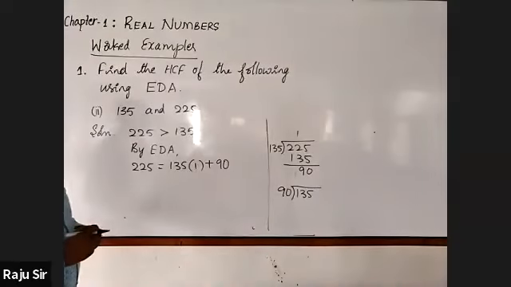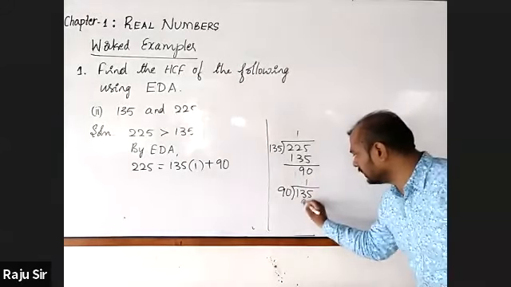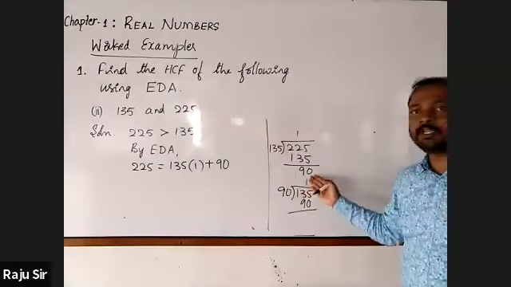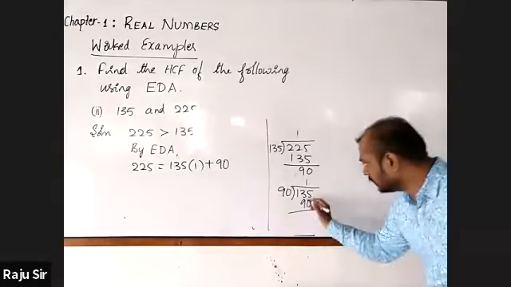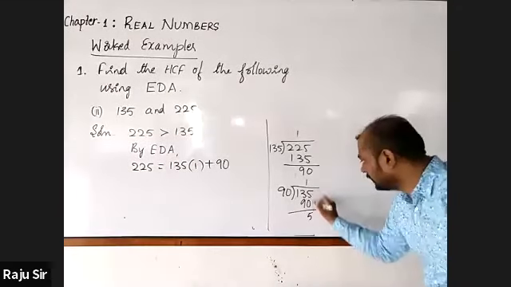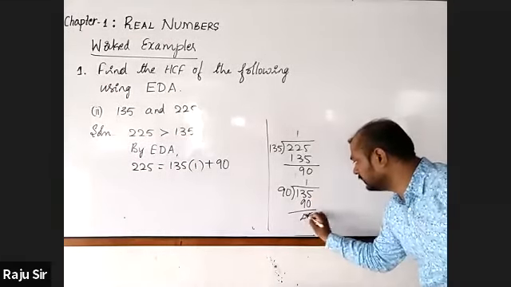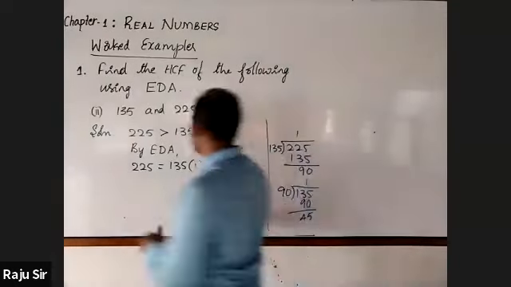Yes, very good. Here, 90 ones are 90, because when you take 2s, it will be 180, which is more than 135. Hence, 1s, the remainder will be 13 minus 9 is 4, so 45. You are right.